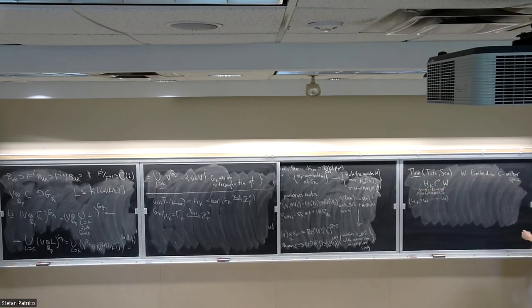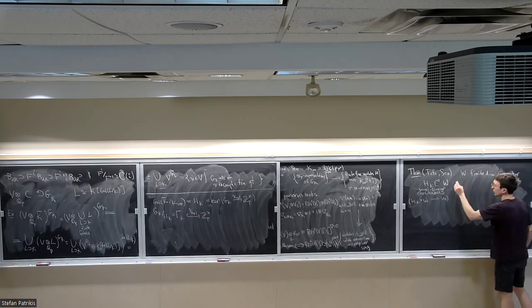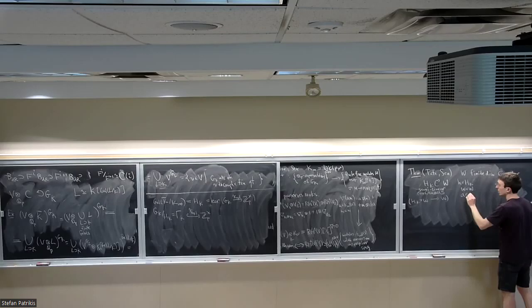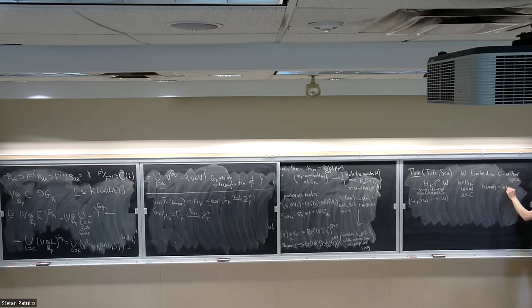Let me first say what it means to be semi-linear. If I have an element of this vector space and a scalar in C, then H acts on the scalar because it acts on C. This will give me this. So it's a semi-linear action.